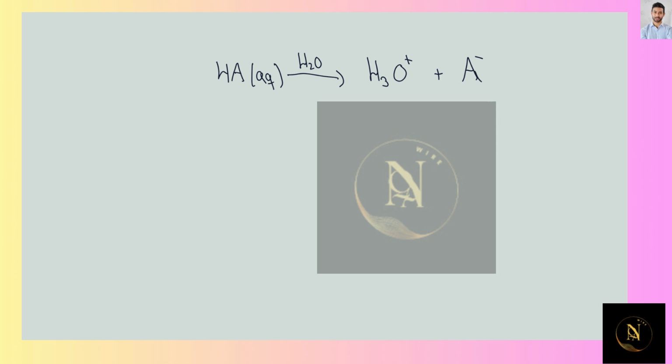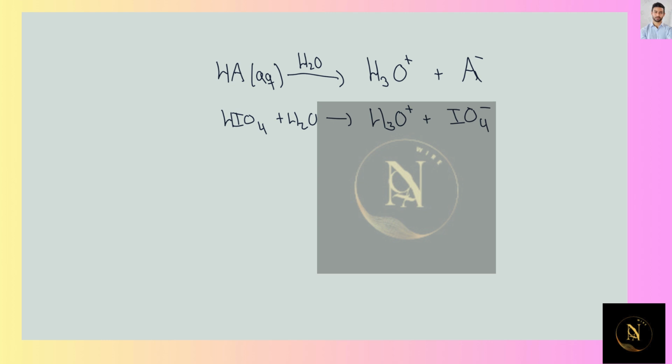All of the acid that enters the solution is going to turn into hydronium ion plus the conjugate base. For example, in the case of HIO4, we're going to produce hydronium ion plus the iodate anion.